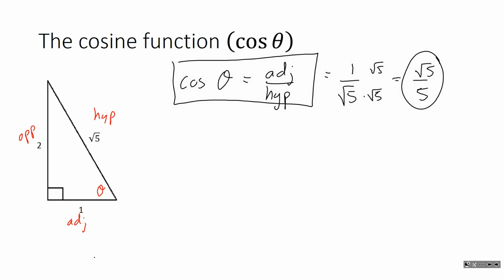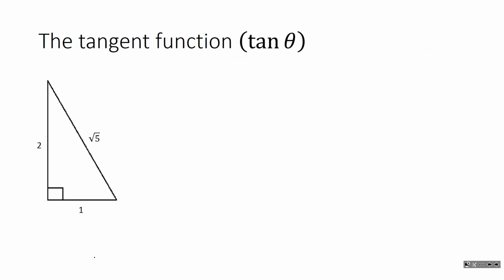And now for the third function, the tangent function, abbreviated TAN. Let's for now let these things be the same. So again, the side across from the right angle is the hypotenuse. The side across from the angle is the opposite, and finally adjacent.